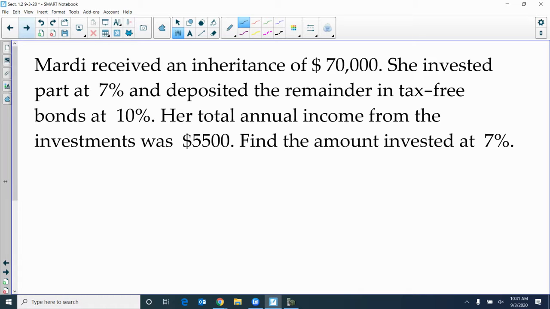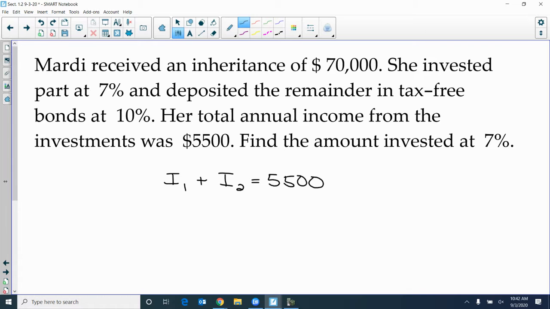It's not specifically said, but you're calculating interest to find the income from the investments. So you take principal, which is the amount, times the rate, times time. Well, time is 1 year, so basically we just need the principal times the rate. So the amount of interest from one investment, I'm just going to call it I1, plus the amount of interest from the other investment has to equal 5,500.